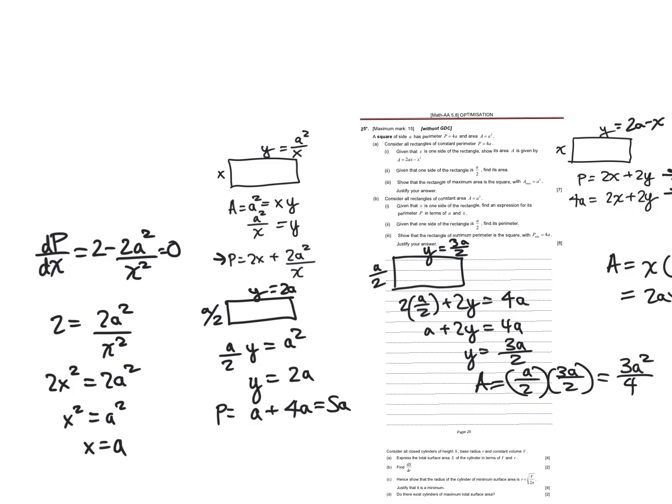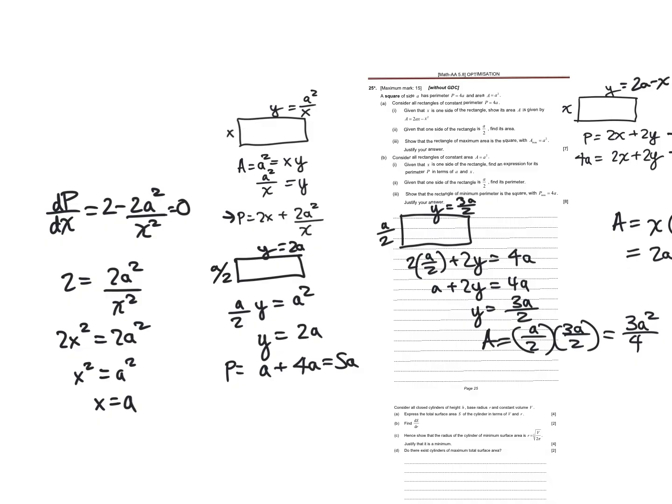So when x equals a, the perimeter is a minimum. The perimeter would be 2a plus 2a squared over a, which is 4a.